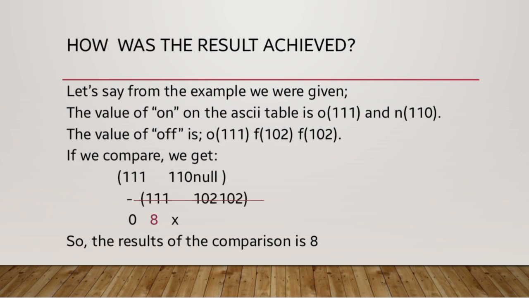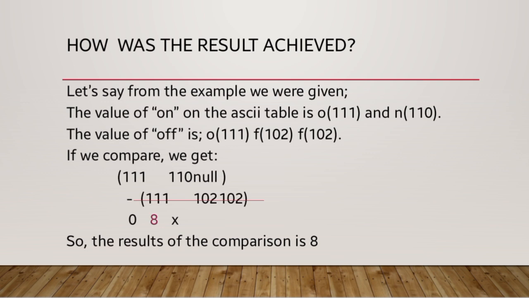That is ON at the top and OFF underneath. So the value of O is 111. So the arithmetic we are going to get there is 111, 110. On is just two letters, okay? So I wrote null there to show that it doesn't have a value, just for the purpose of neatness.